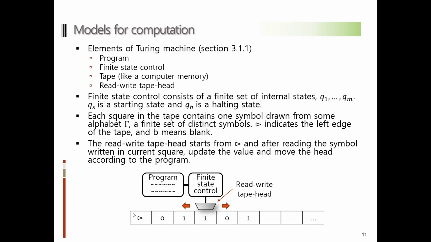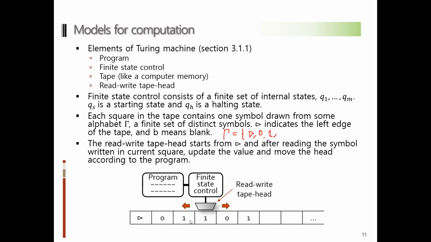There will also be a tape, and each square in the tape will contain one symbol drawn from some set of alphabet. In this case, we are assuming that the alphabet gamma is composed of this symbol, which indicates the left edge of the tape, and then we might have a zero, or a one, and there might be more alphabet types.